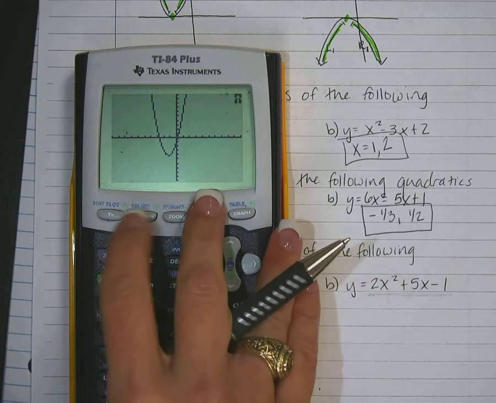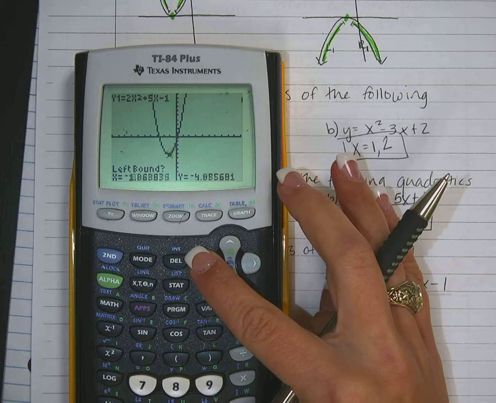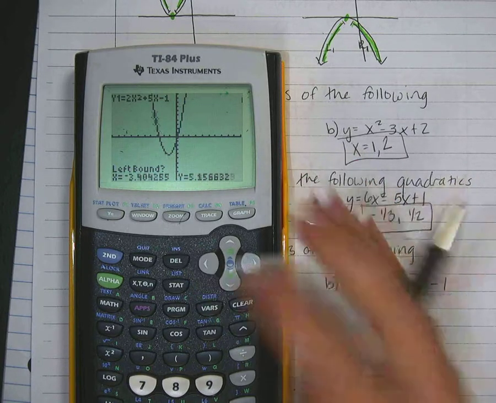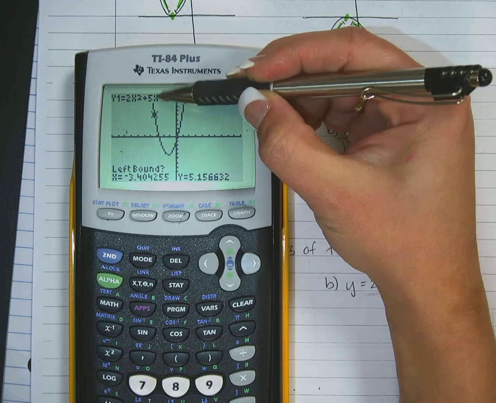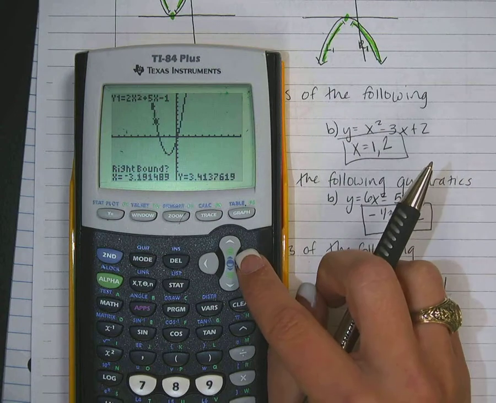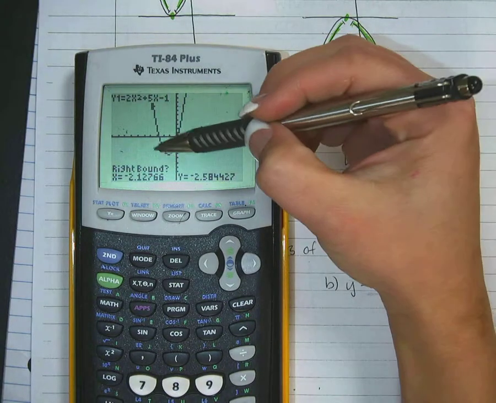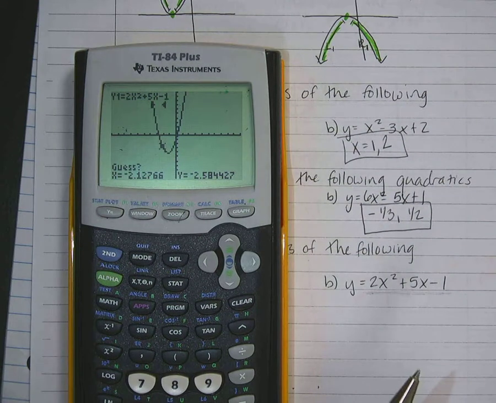So press second, calc, 0. My left bound, calculating this 0 first, is anywhere up here. Press enter. Right bound will be anywhere here without crossing any other zero. Press enter. Press enter one more time.